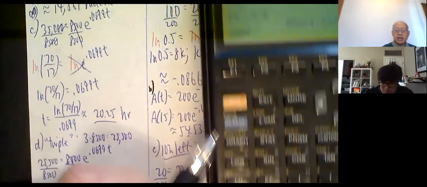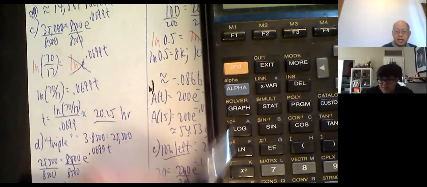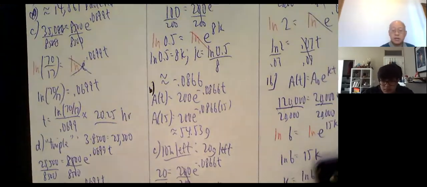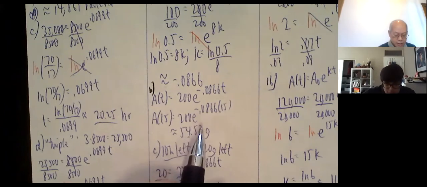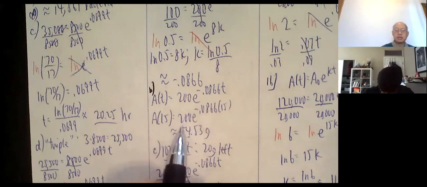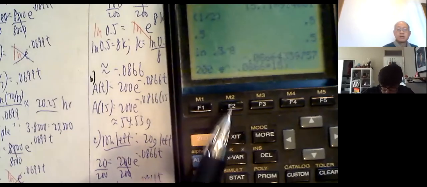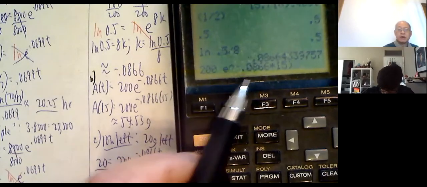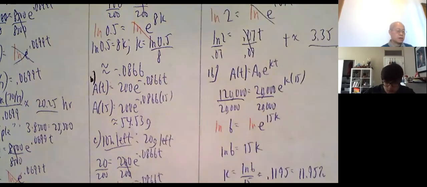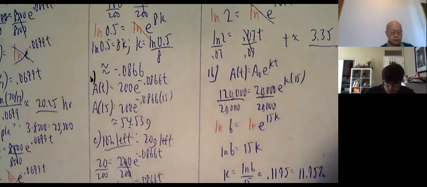So 200. Now this time you want E, not ln. So on most calculators, it's second function E to the, negative 0.0866 times 15, close parentheses. Okay, so here's how I'm typing it out. 200 e to the negative 0.0866 times 15. And I wrote it wrong.